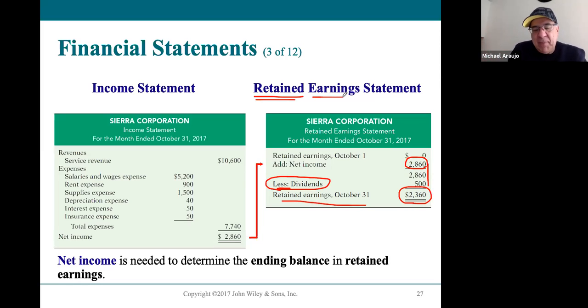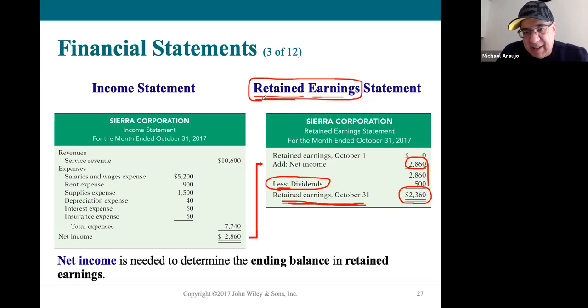Okay. So this retained earnings becomes a very important account, because retained earnings is a stockholder's equity account, because it shows everyone how much of the profits of the company have been retained over time. That's all it really tells us. It's a very simple statement.